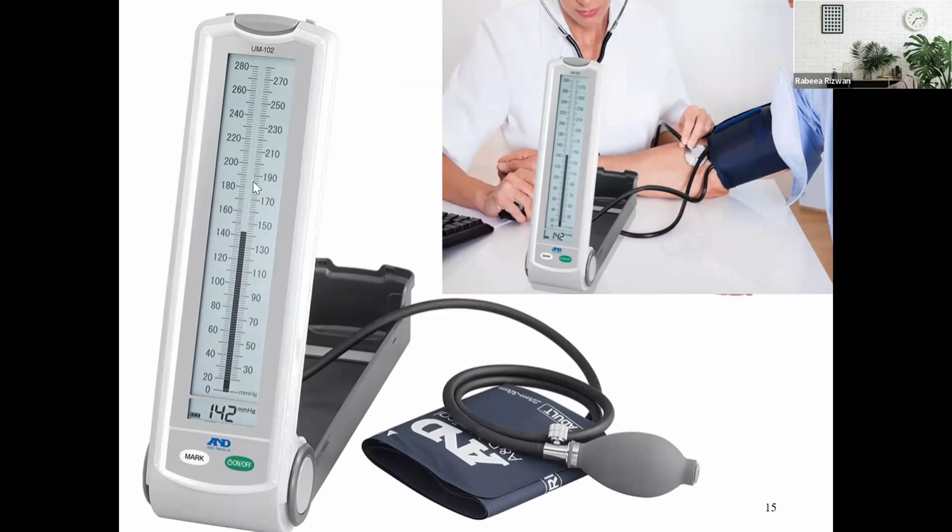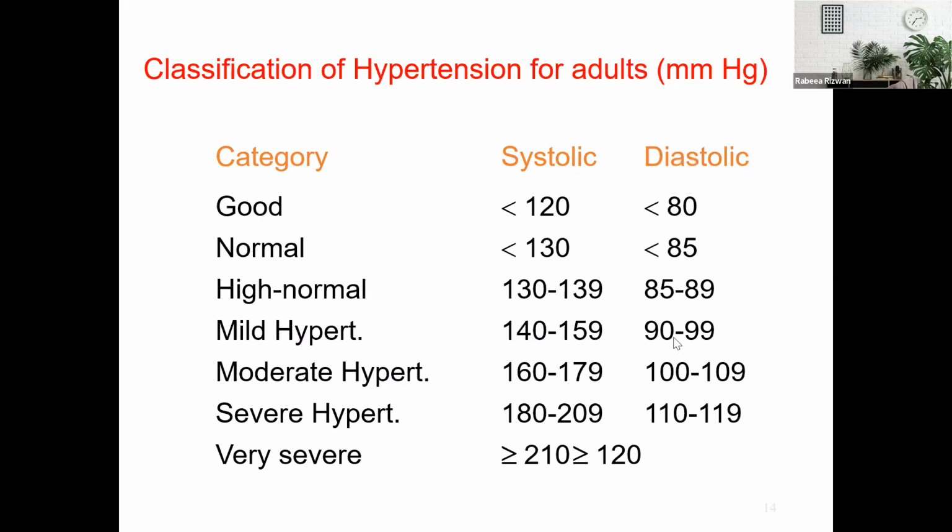In this way we notice the sound of the systolic and diastolic, that means the heart contraction and relaxation sound, to measure the blood pressure of that person by hearing through the stethoscope. So this actually means measuring by the mercury. That's why we measure it by the unit called millimeter of mercury.